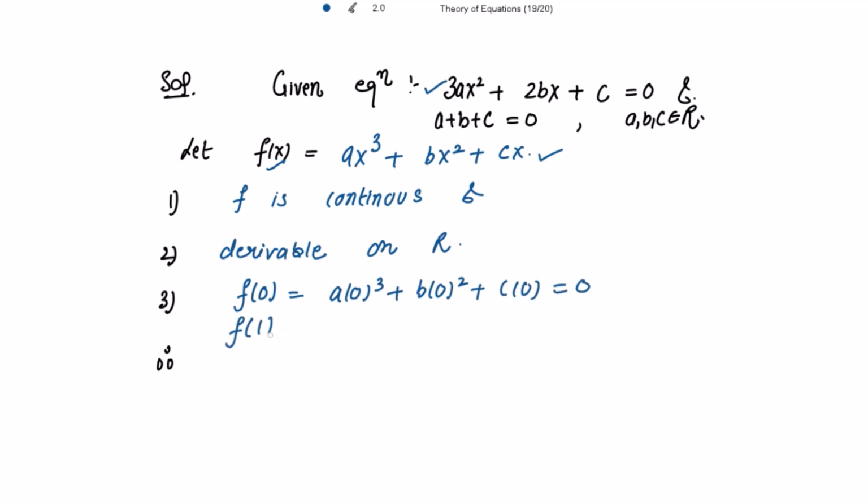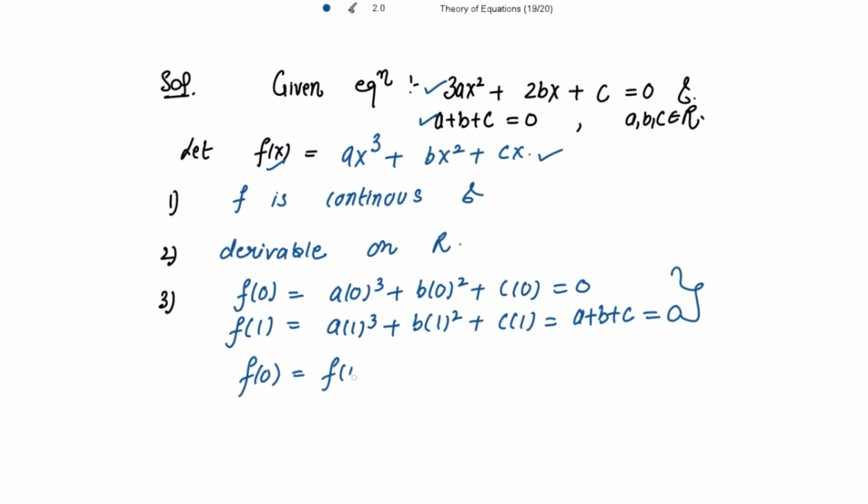And what is f of 1? Putting 1, we get a into 1 cube plus b into 1 square plus c into 1, which gives us a plus b plus c. From the given condition, this sum of the numbers is equal to 0, so this sum is also equal to 0. From these two, we are saying that f of 0 is equal to f of 1. So we have taken the interval 0, 1.